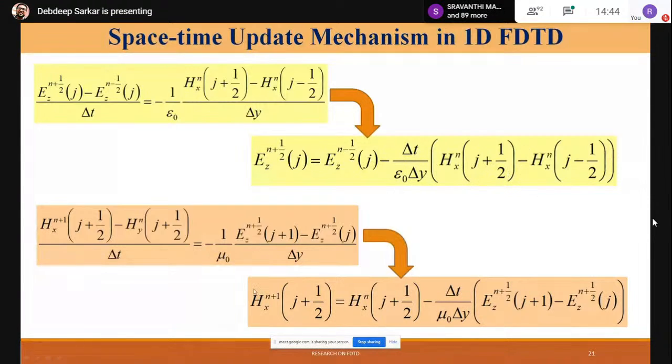And similarly here, the magnetic field at one time instant is evaluated by the magnetic field component at the previous time instant. And again, here this factor is delta t divided by mu naught into delta y, and the information about the electric fields are there.